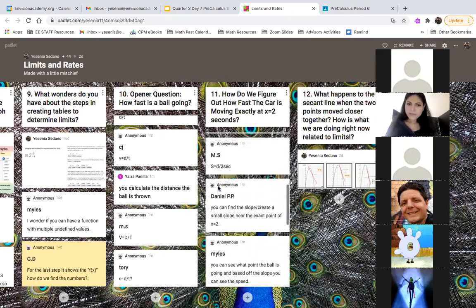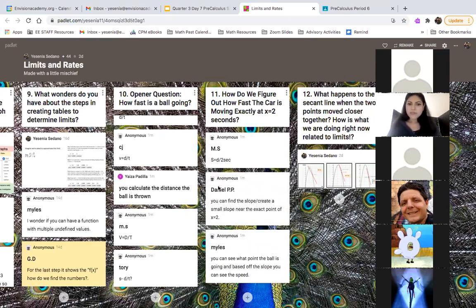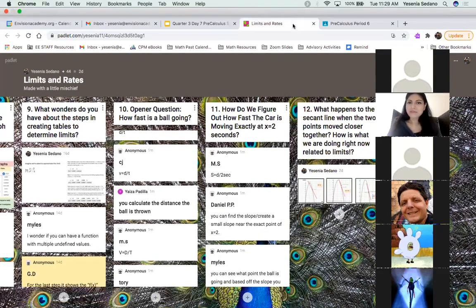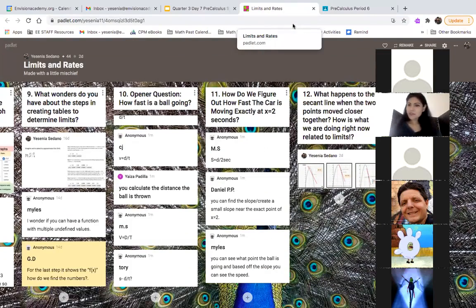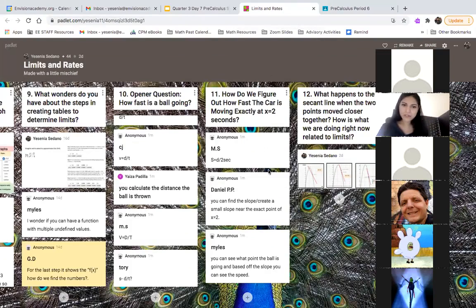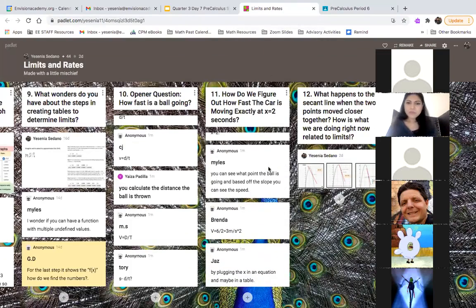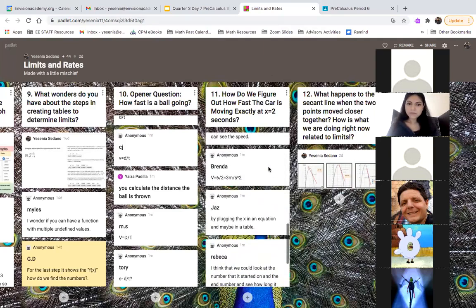That's an idea. You can find the slope, create a small slope near the exact point at x equals 2. Interesting. Using a smaller slope is. You can see what the point of the ball is going, and base it off the slope, you can see the speed. Okay, so using your graph there to kind of make an estimate.